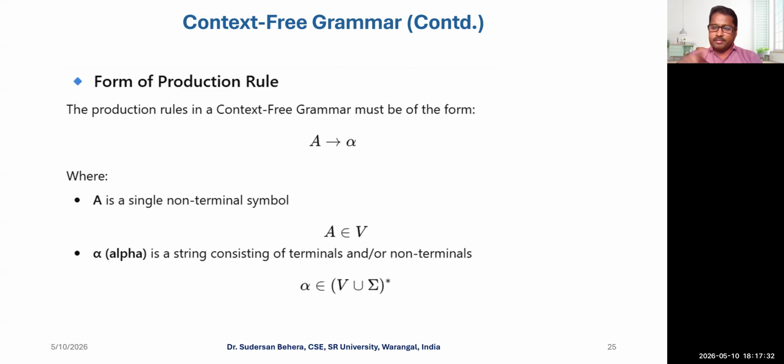Here, A derives alpha. As I said, the arrow mark means derive, or you may write A is in the form of alpha. So I can also read it as A derives alpha. Both of them are the same. Some students, particularly from a mathematical perspective, like to say A tends to alpha.